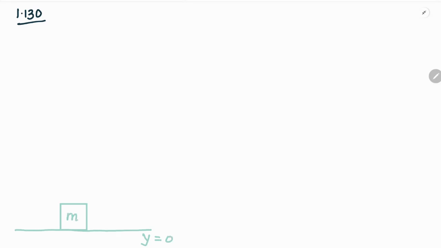The block is of mass m. Now it is raised gradually to a height y, which is the height of ascent, and the block of mass m reaches this point where a force F is acting on it, which is given by 2(ay minus 1)mg.